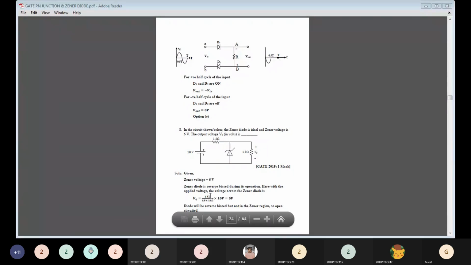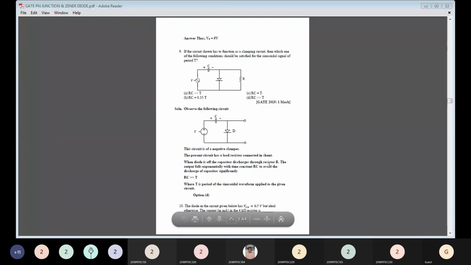Here, with the applied voltage, the voltage across the Zener diode is V0 equal to R1 divided by R1 plus R2, so 1 kilo ohm divided by 1K plus 1K, into 10 volt, which is equal to 5 volt. The diode will be reverse biased but not in the Zener region, so it is open circuited. So the answer will be V0 equal to 5 volt.